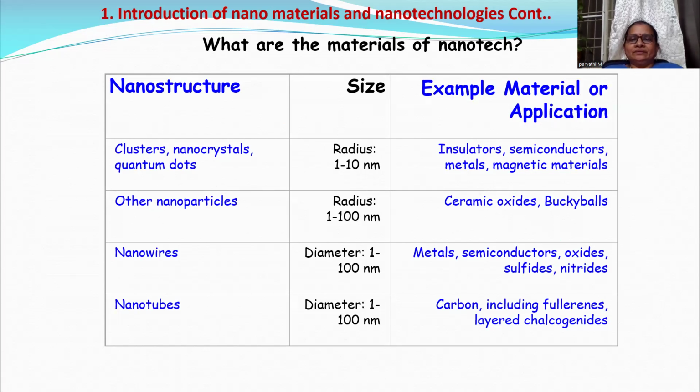These are seen in examples like insulators, semiconductors, metals, and magnetic materials, all available at this size. Similarly, other nanoparticles are of radius 1 to 100 nanometer, seen in ceramic oxides or buckyballs. Similarly, nanowires are 1 to 100 nanometer and can be seen in metal semiconductor oxides, sulfides, nitrides, and nanotubes.